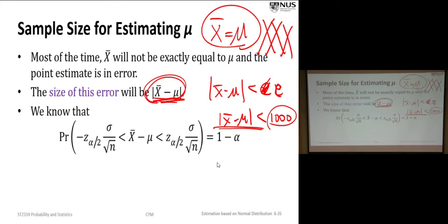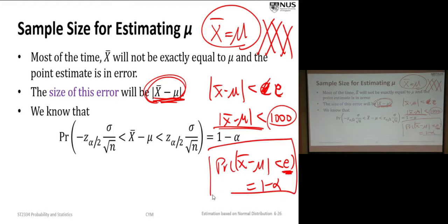So what we can say is: what's the probability of x bar minus mu being less than a specified limit, with a probability, let's say, equal to 1 minus alpha? All right. So now I'm saying that if I want to find out the sample size, I must specify two things.